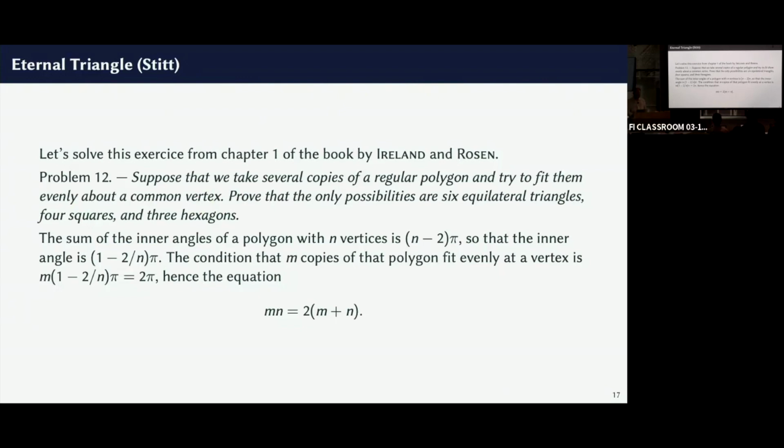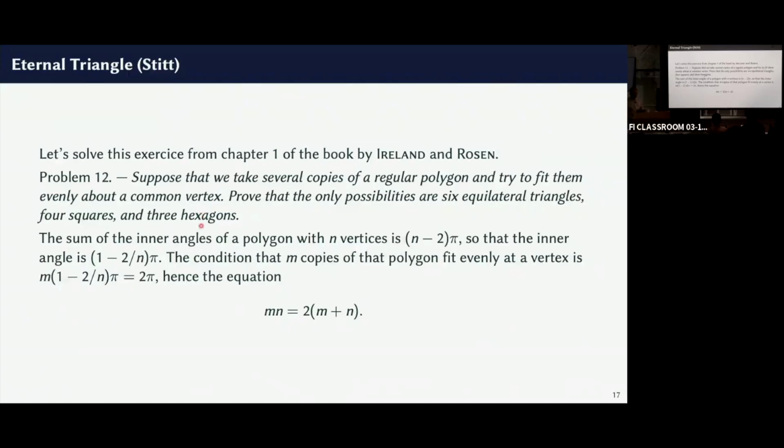Of course, I didn't even dare telling this to Lean in this form. So I just do some math on paper. I have this polygon, so the sum of inner angles is (n minus 2) times pi because there are n vertices, and so the inner angle is (1 minus 2 divided by n) times pi.